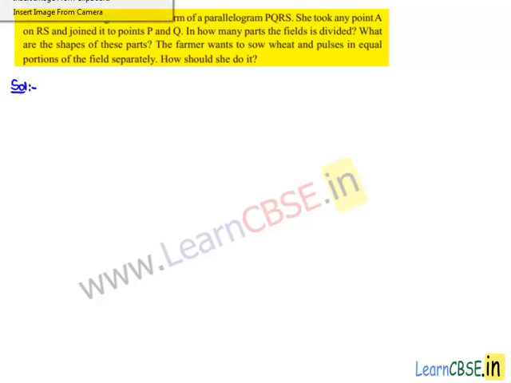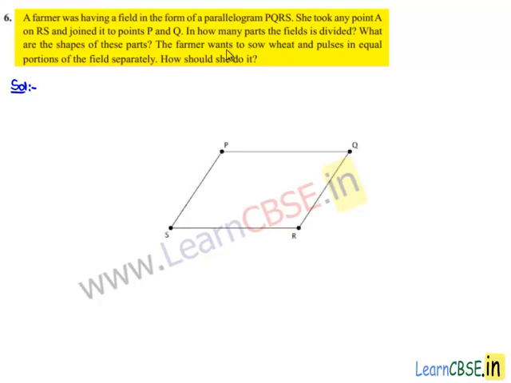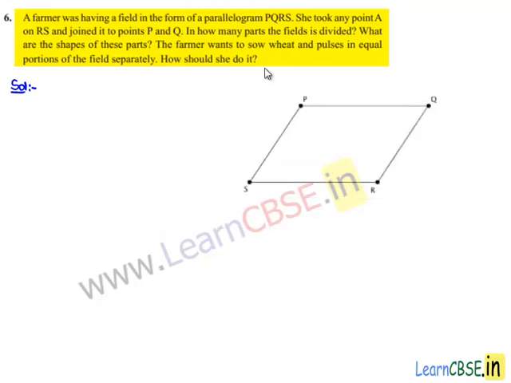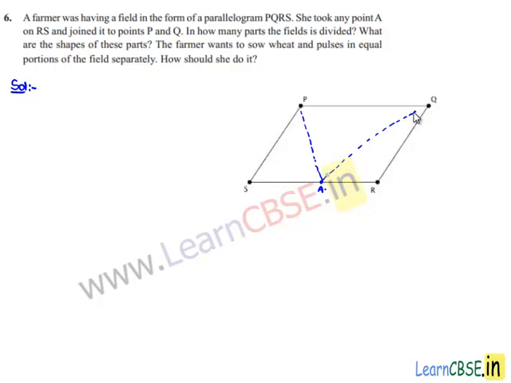Let us consider a PQRS parallelogram which is in the form of field, as shown, and he says that she took a point A on RS. Let us assume a point A is taken on RS and later she joined it to P and Q. Let us join AP and AQ. Then it forms a triangle APQ.